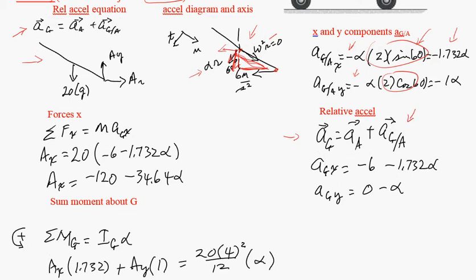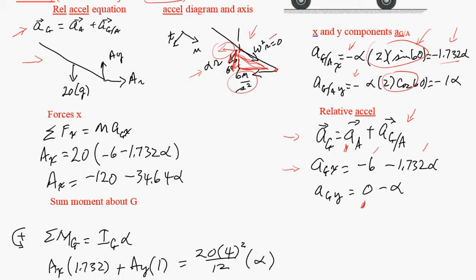And we can do that in the x direction, and it becomes, you look back at your acceleration diagram, grab everything in the x direction, minus 6 minus alpha r, which we get from right up here. And then in the y, it's 0. There's nothing going on in the y direction for A. The acceleration of point A has no acceleration in the y direction.